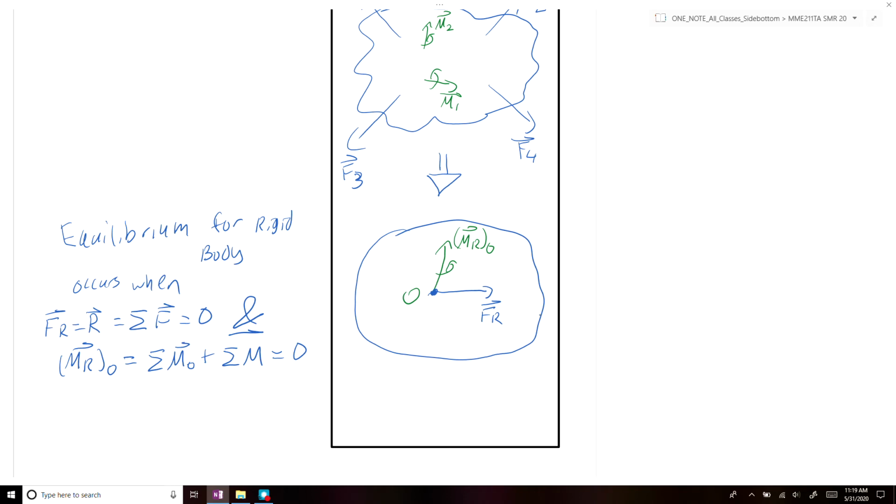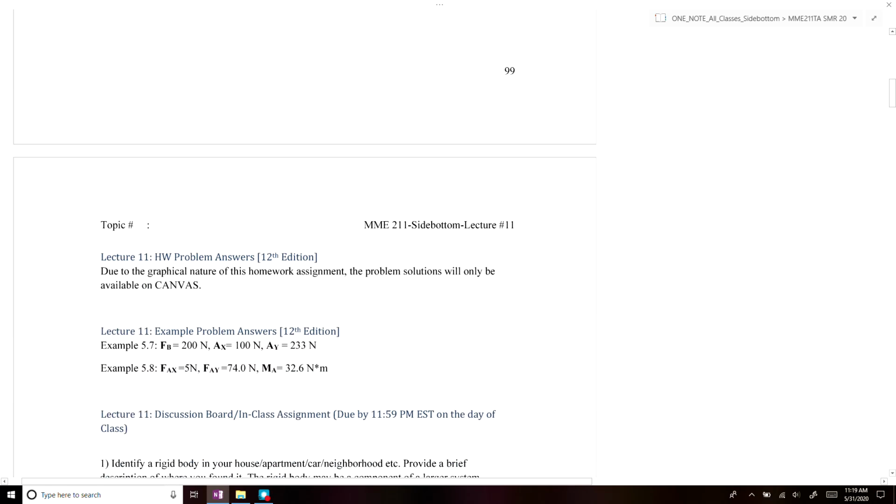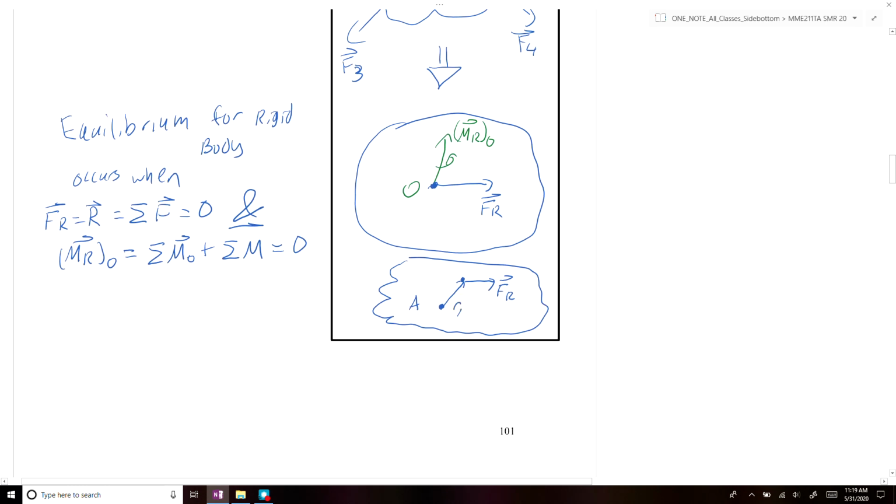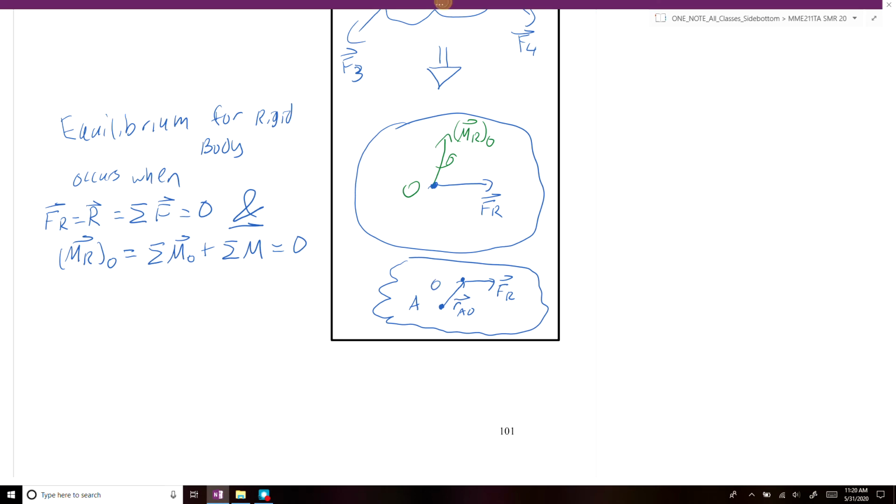And then the one thing that I would like to add is that if you tried to define the equilibrium equation at some other point on our rigid body, let's call that point A, and point A was separated from point O by a small amount.